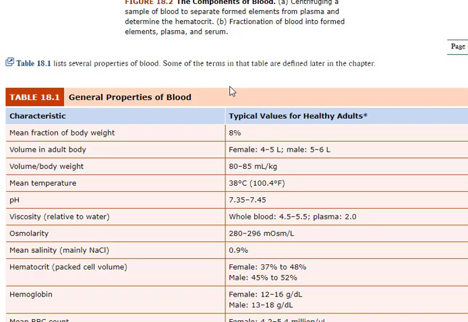It should tell you how much hemoglobin you have per deciliter. It should give you your mean red blood cell count. So for each little bit of blood that they analyze through their machines, how many red blood cells are there? How many platelets are there? How thick is your blood?